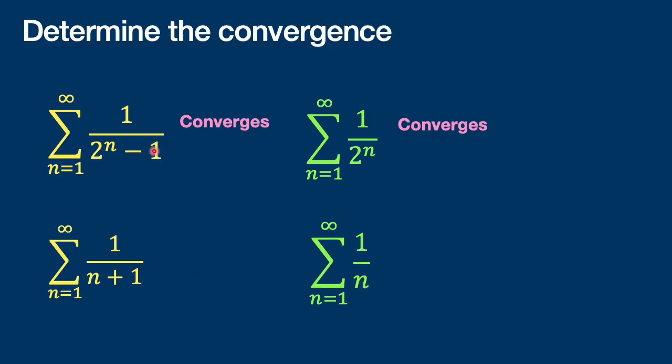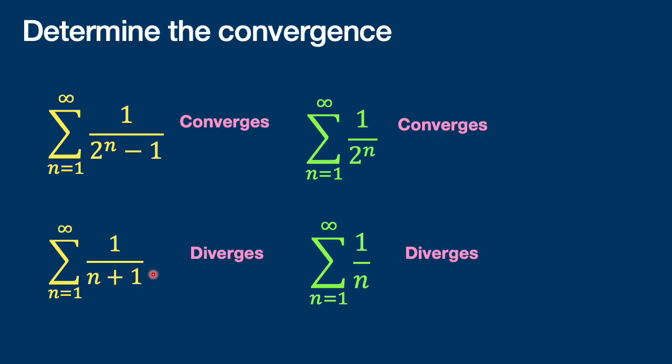We cannot compare directly because 2n minus 1 is less than 2n, so this series is going to be bigger than the right series. So we cannot use direct comparison. Same here: 1 over n plus 1 is similar to 1 over n. This one diverges, so you guess the left series diverges.